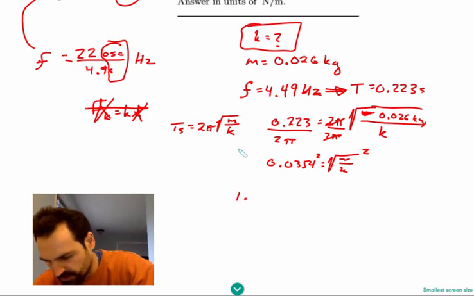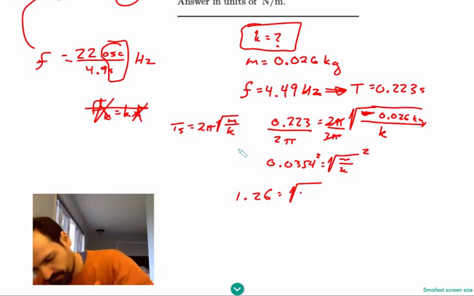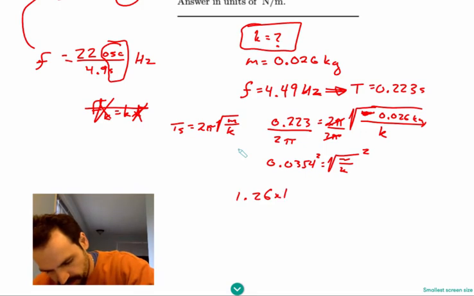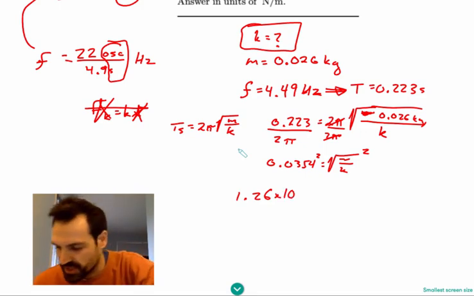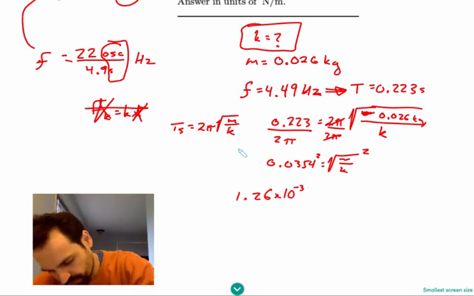Now we have 1.26 times 10 to the negative 3 equals 0.026 over k. I forgot my scientific notation.